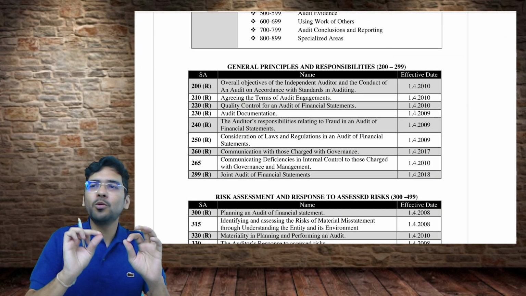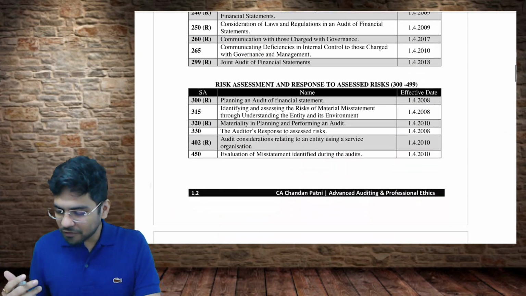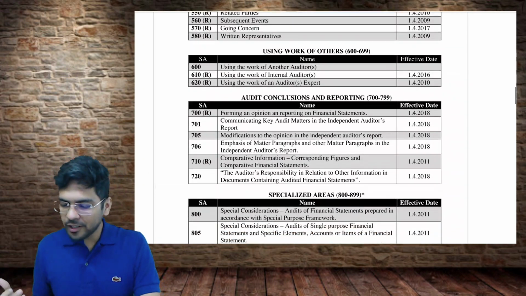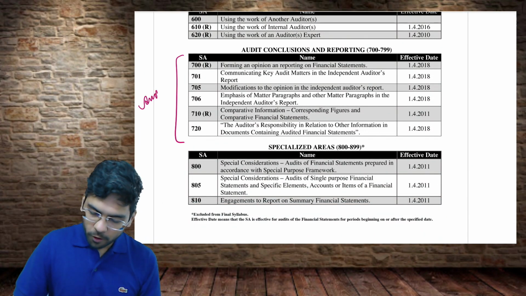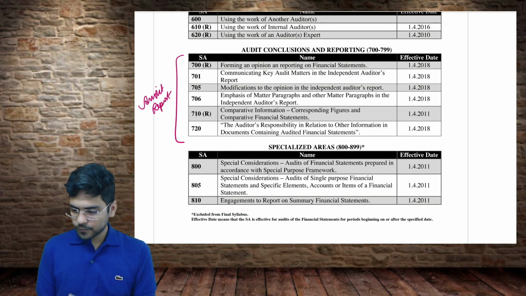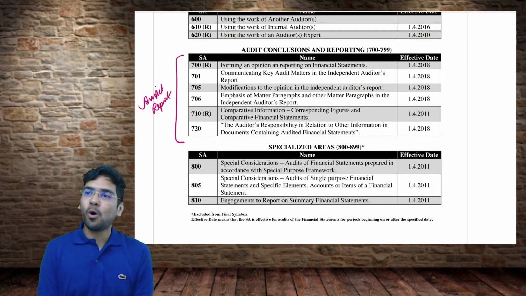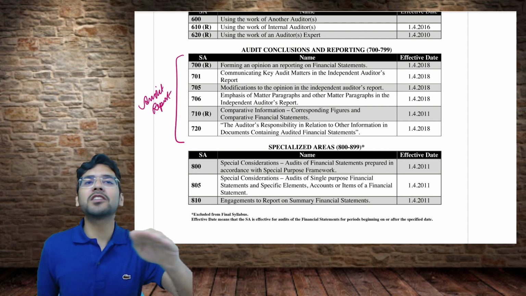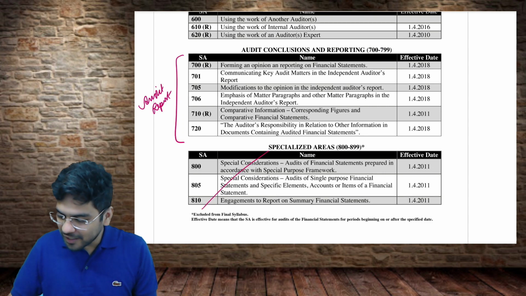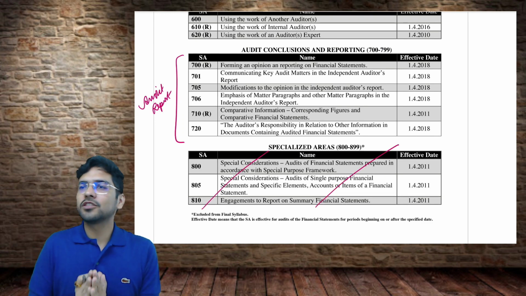So if you are able to recall, we have 200 series, we have 300, 400 series, 500 series, 600, 700 series is also again about audit report. Okay, and also the good part is in standards on auditing also, all standards are not in your course. The 800 series is not there in your syllabus.